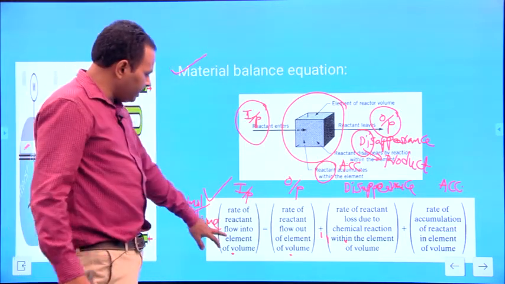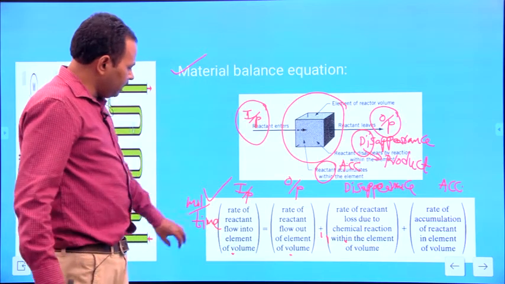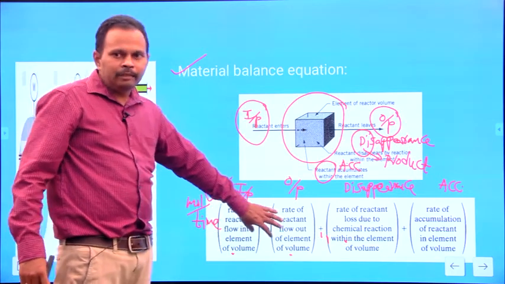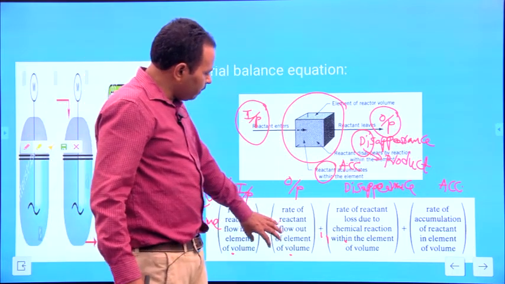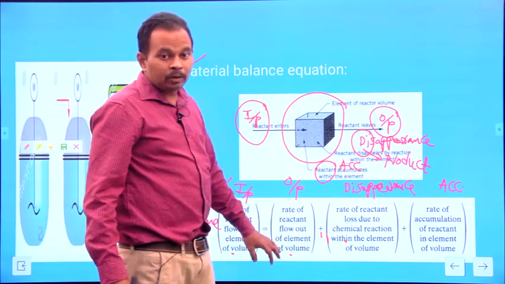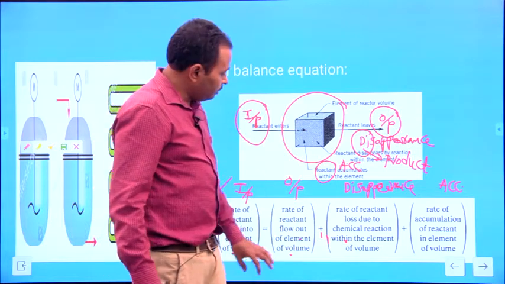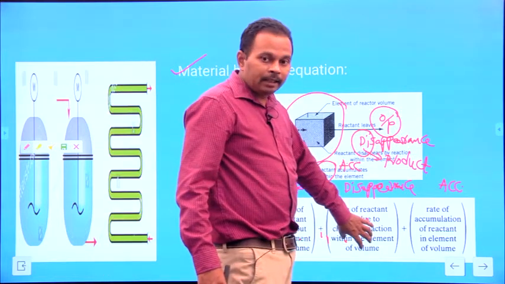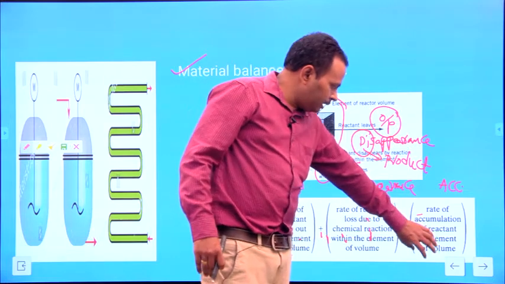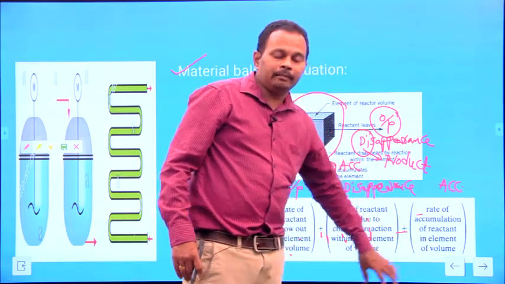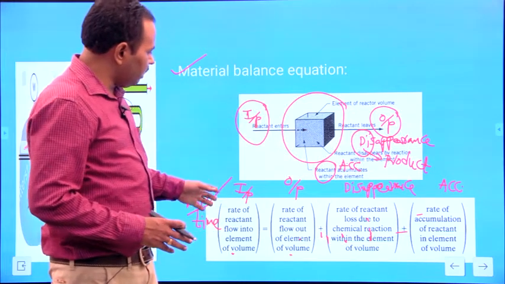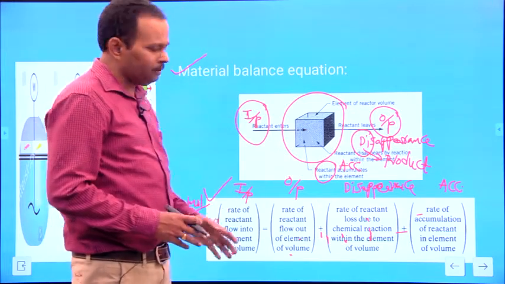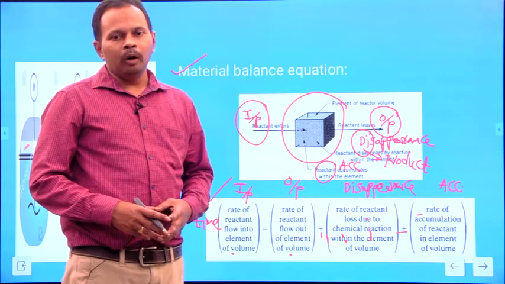The rate of reactant flow into the element of volume is the number of moles of the reactant entering the reactor volume per unit time, which equals the moles of the reactant leaving the reactor per unit time, that is the rate of loss of the reactant, plus the rate of accumulation of the reactant per unit time. All the terms in this material balance equation have the units of moles per second.